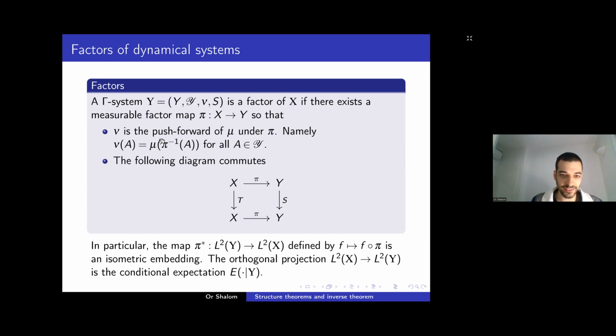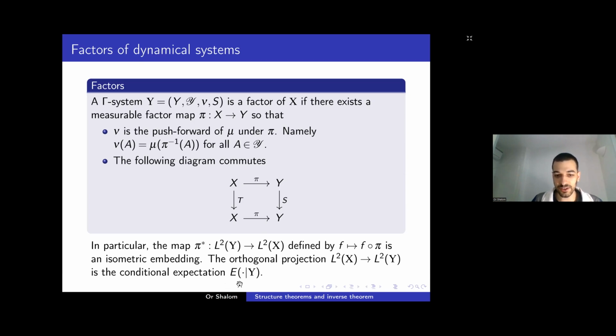And so when I say a factor, in practice I mean that I distinguish a certain subset of functions on X, which I call special functions associated with Y. A factor is just a special subset of functions on X. And when I have this embedding of Hilbert spaces, I also have a map in the other direction: a projection from the big Hilbert space to the small Hilbert space.